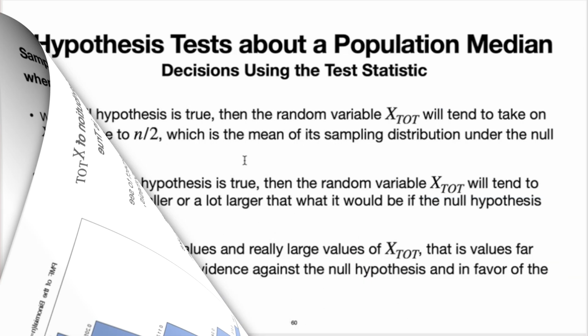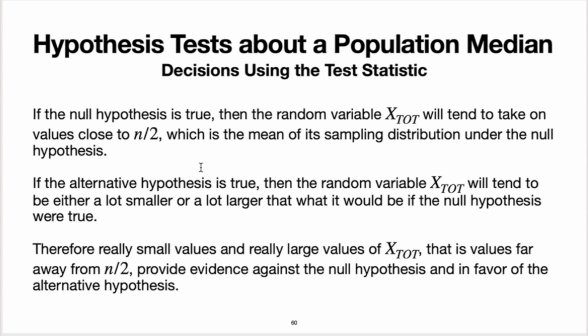And so we see that if the null hypothesis is true, then the random variable X_tot is going to tend to take on values close to the mean of its sampling distribution under the conditions of the null hypothesis, n over 2. If the alternative is true, then X_tot will tend to take on values that are either a lot smaller than n over 2 or a lot greater than n over 2.